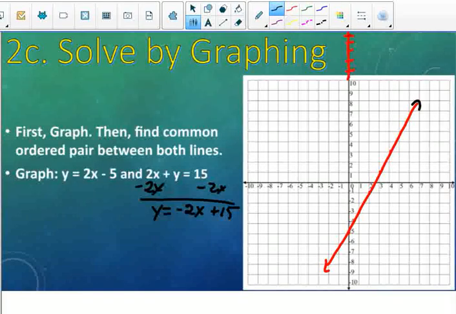So I put a point at 15, and I have a negative slope 2, so I go down 2 to the right 1, down 2 to the right 1, down 2 to the right 1, down 2 to the right 1. So you can see right here is where they cross. And that would be 5, 5. So the solution of this would be 5, 5.